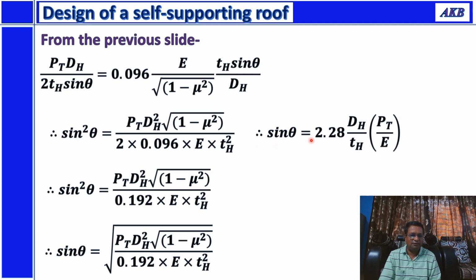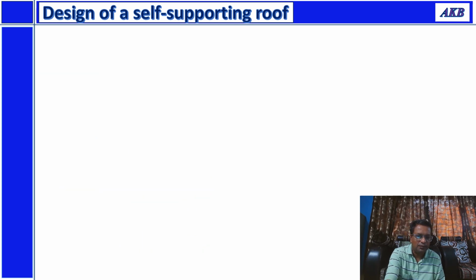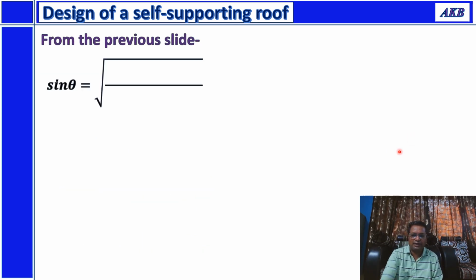Therefore sin theta will be 2.28 after simplification into dH upon Th into Pt upon E raised to 1 by 2 into 1 minus mu square raised to 1 by 4. For mild steel mu is 0.33, so you can put that value and simplify it further. So we have obtained the equation for sin theta.